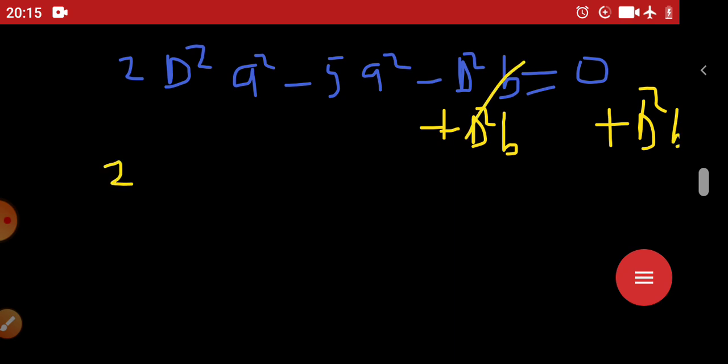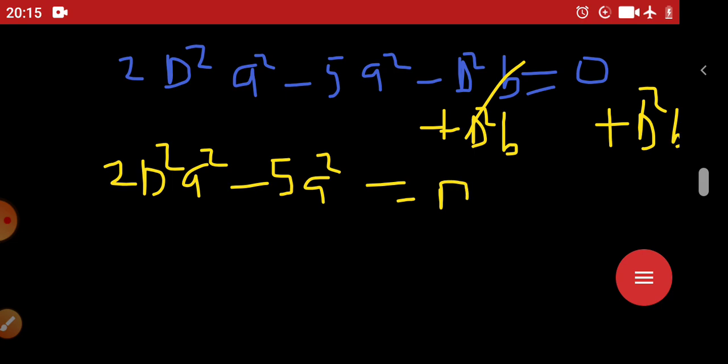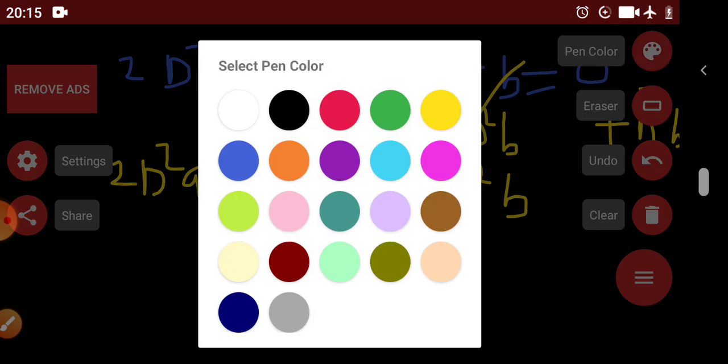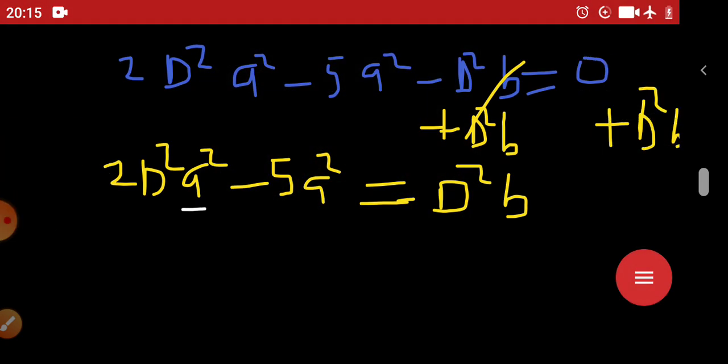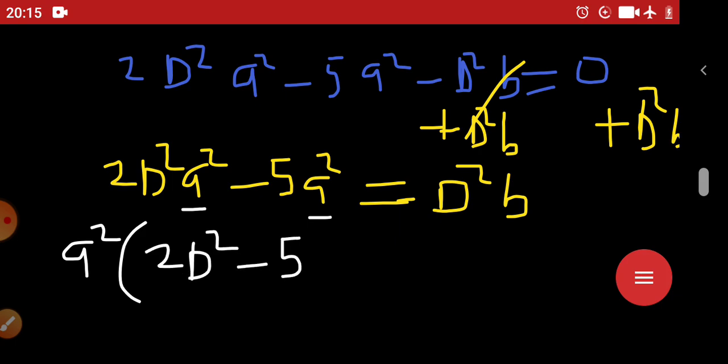So what we will be left with is 2d squared a squared minus 5a squared, which is equal to d squared b. Now we have to factor out a squared.